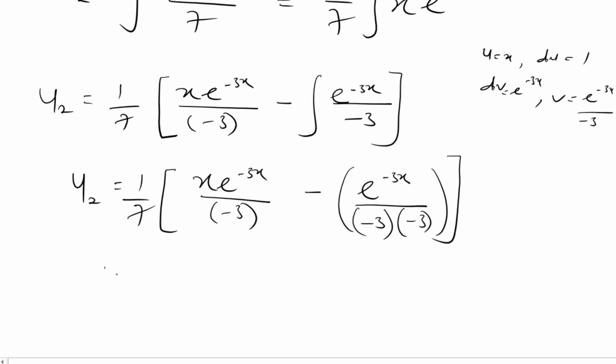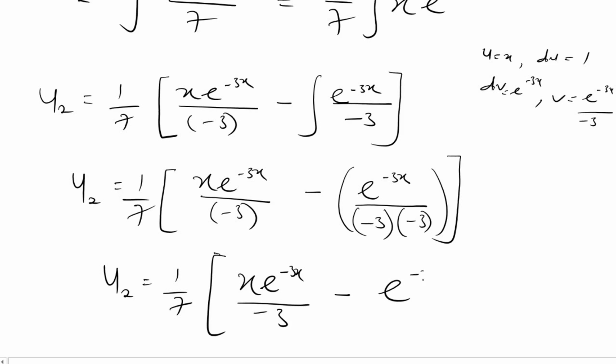This will surely give me 1 over 7 into x exponential of minus 3x over minus 3, then minus exponential of minus 3x all divided by 9, right? Minus 3 times minus 3 is going to be 9.